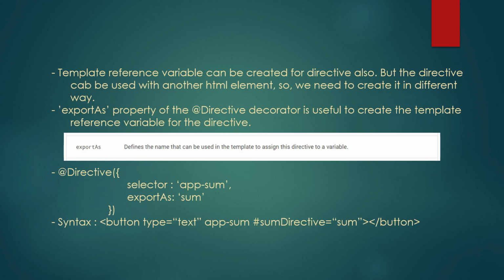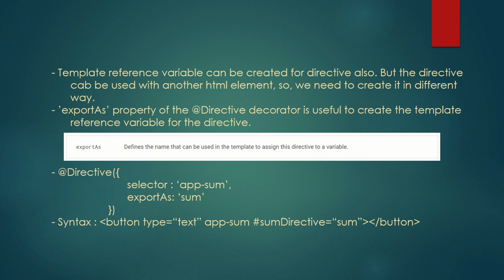Template reference variables can be created for directives also, but directives cannot be used as normal HTML elements in a component template. Generally, those are used with another HTML element, so we need to use a different approach to create the template reference variable for directives.